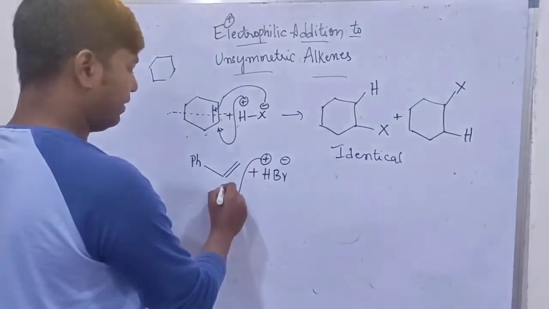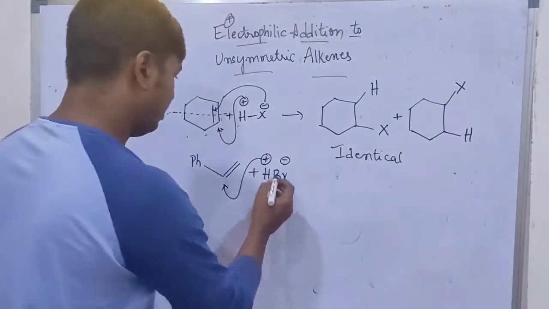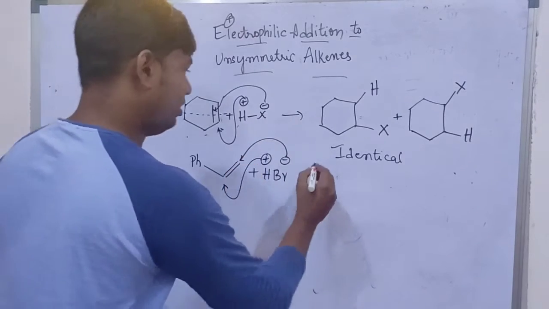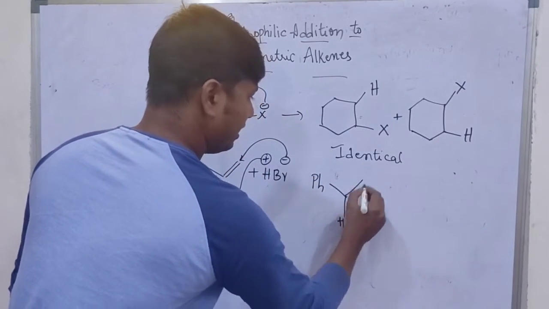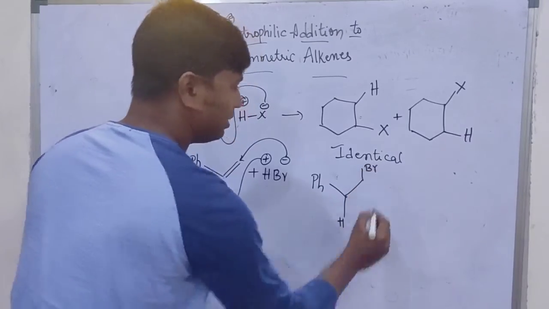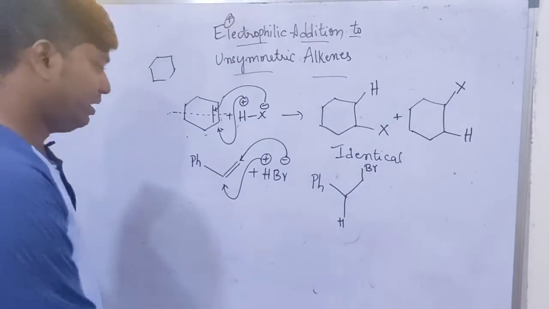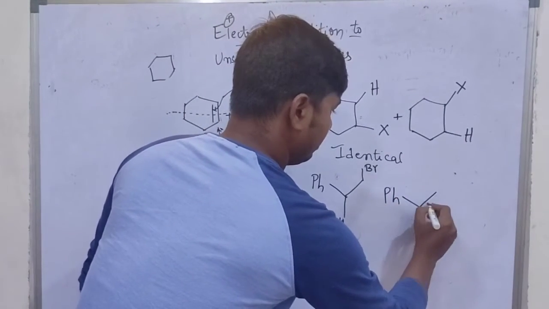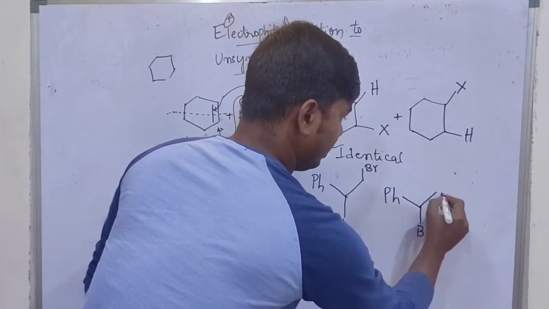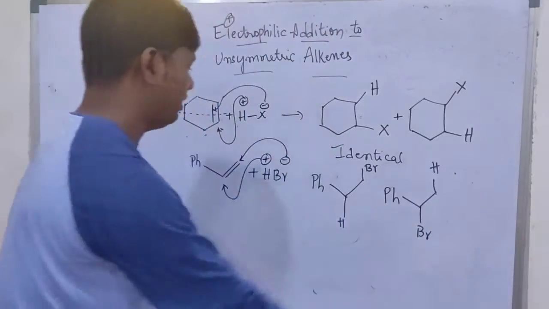One, the proton is going to attack here and Br minus would attack here. Let's see the product formed: Ph, hydrogen attached here and bromine attached here. This is one possibility. Another possibility is that bromine is going to attach here and hydrogen is going to attack here.